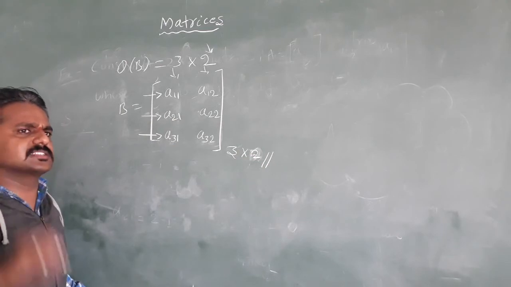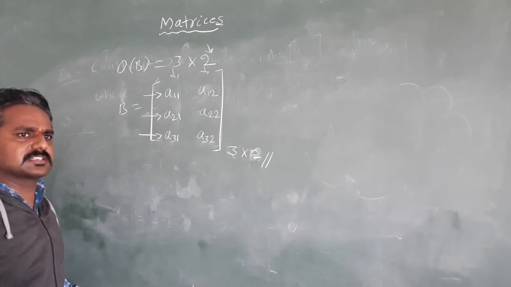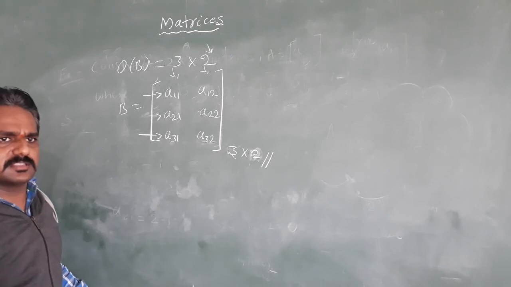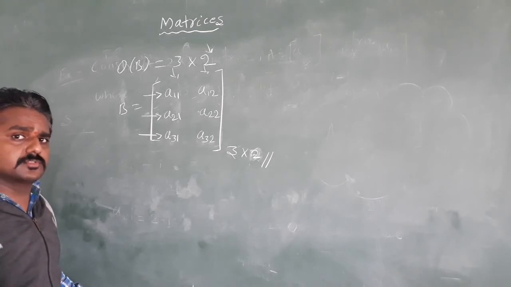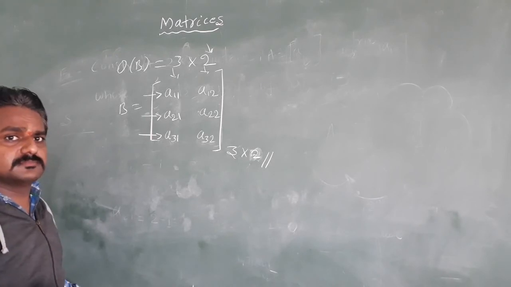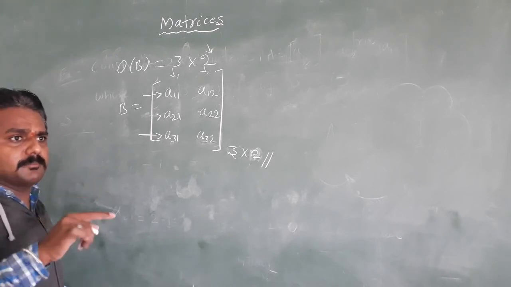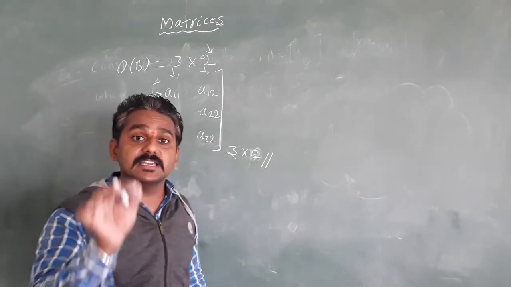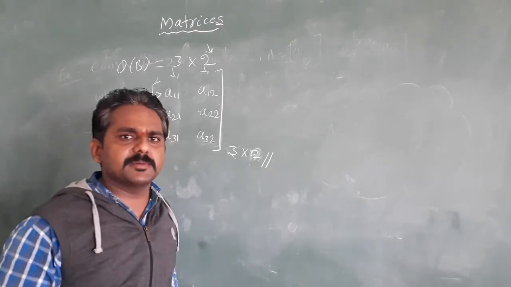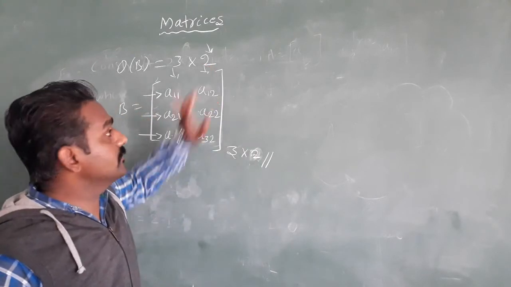Whenever they ask to construct a matrix of order 3 cross 2 or 3 cross 3, 4 cross 3, 3 cross 4, 4 cross 4, whatever the order, we write the number of rows first, but how many elements are present in each row is described by the given number of columns.